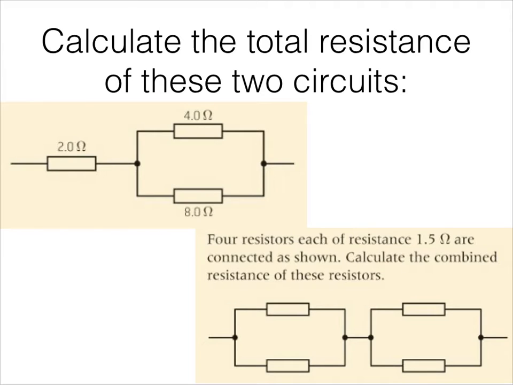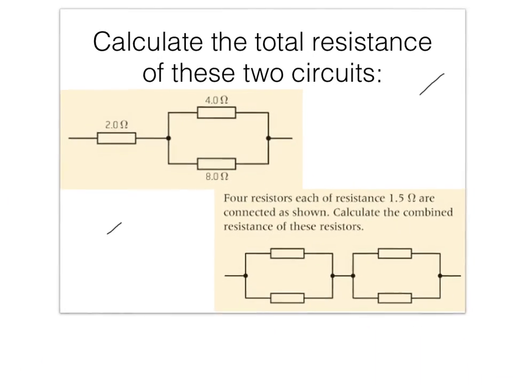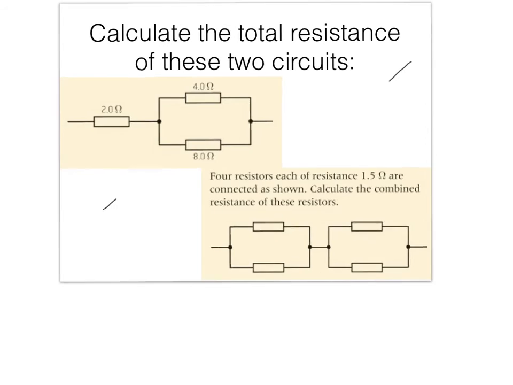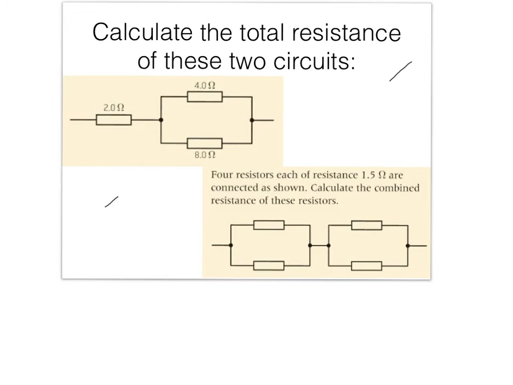All right, so what we're going to do is just some simple calculations here dealing with resistance. I've got two sets of resistors here. First, we're just going to get used to the idea of the resistors, and then we'll look at some actual circuits and deal with it as best we can.